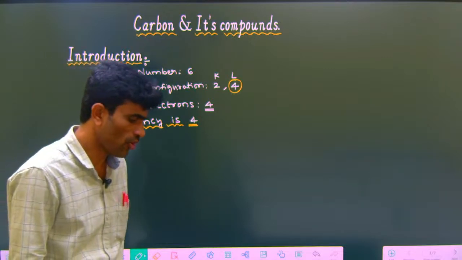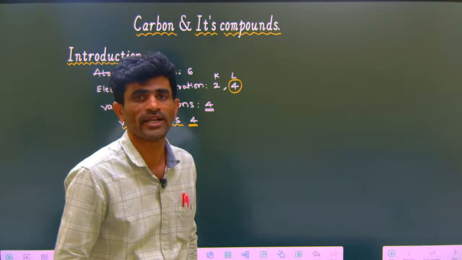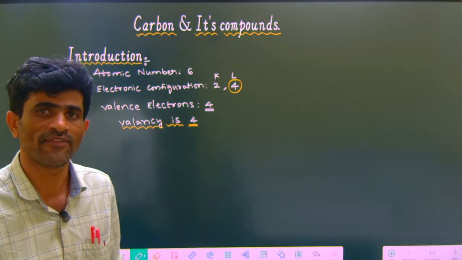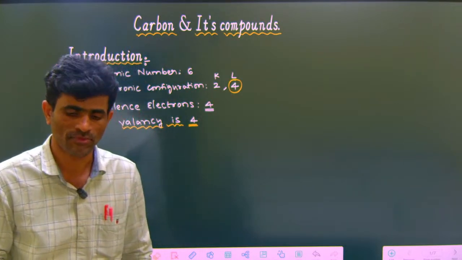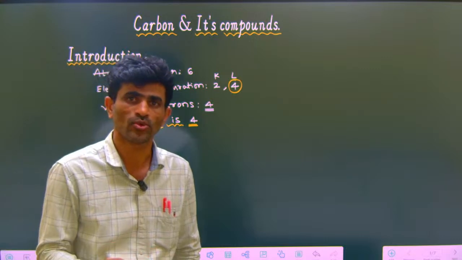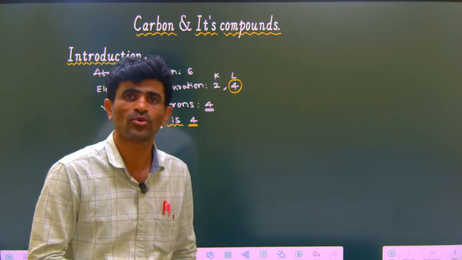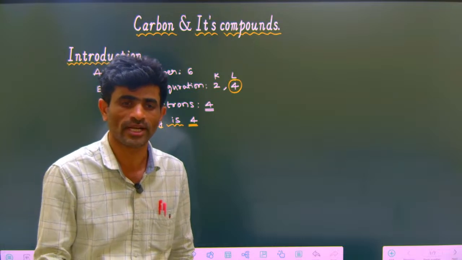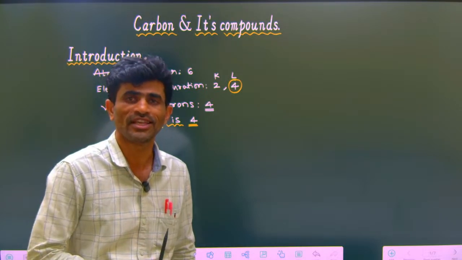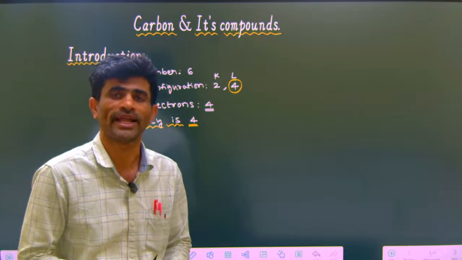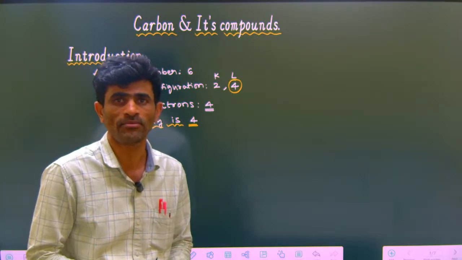Generally, you have already heard about metals and non-metals. There you have seen that if any atom has 1 electron, 2 electrons or 3 electrons in its outermost shell, they will be ready to lose these electrons and they form cations.